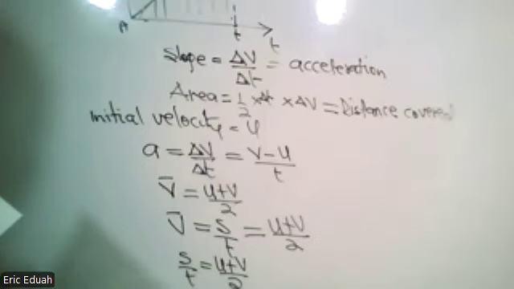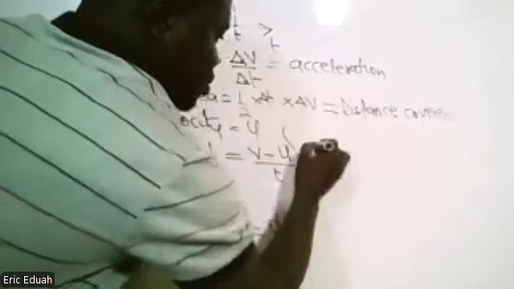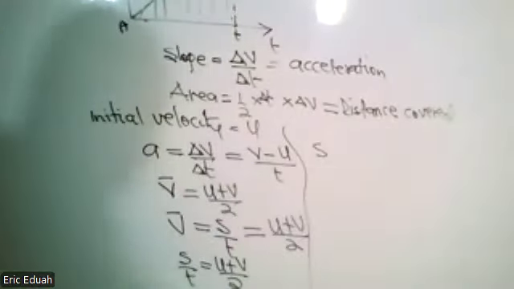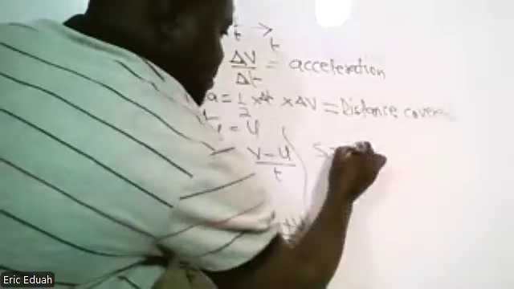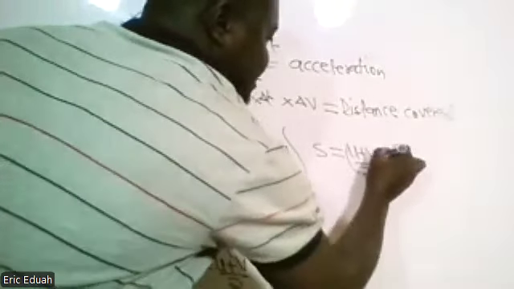If this is the case, then the total distance traveled s will be equal to u plus v on 2 times the time t.